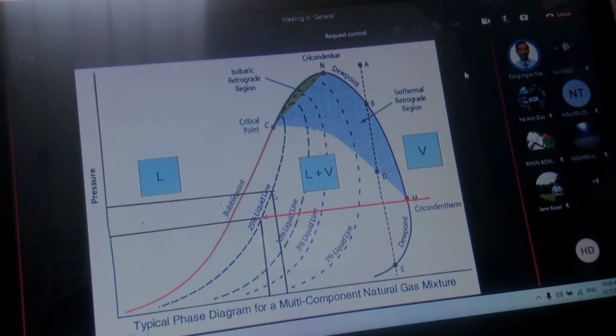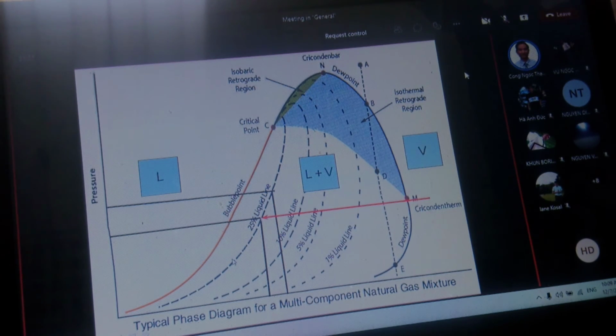And if the working pressure is higher, for example at this point, you can see that in two cases we have the same amount of liquid, 25%.